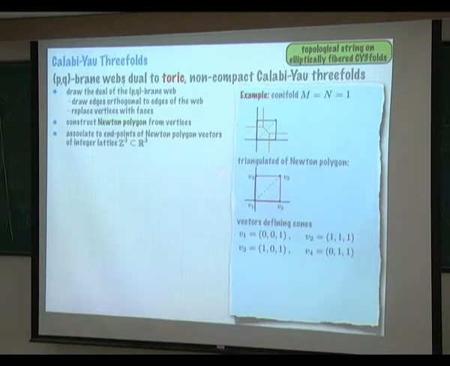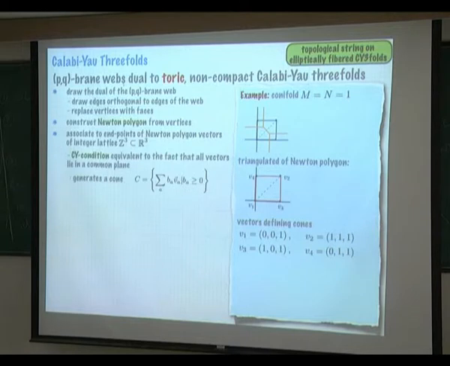The fact that the Mutant polygon is closed, that it's a two-dimensional polygon, will trickle down later on to the fact that what I'm constructing here is a Calabi-Yau manifold. So the fact that all of these vectors, if you wish, lie in one given plane, that will trickle down to be the Calabi-Yau condition for my construction.